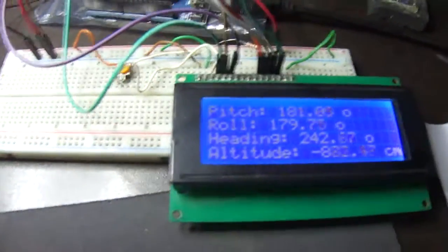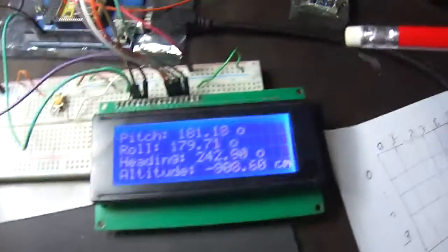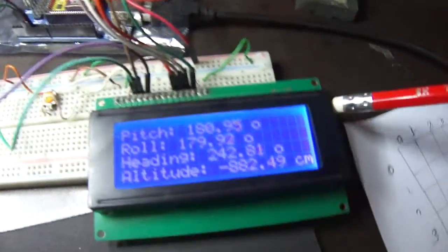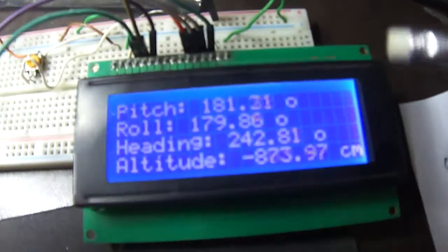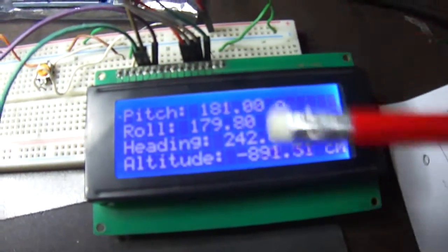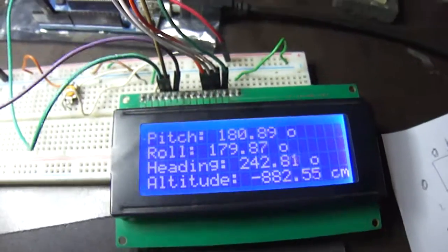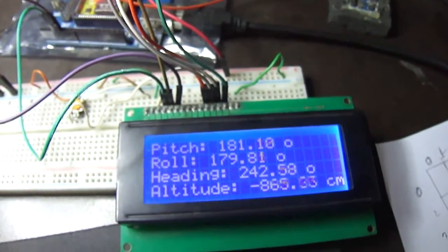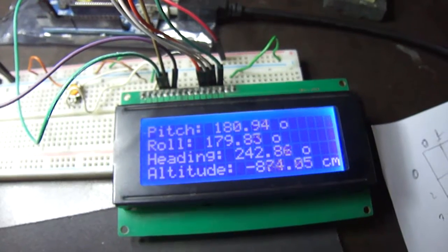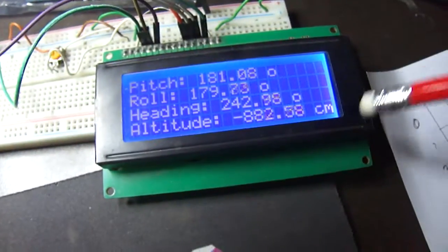But I should emphasize one thing: it's actually not a good idea to display the data of the IMU on an LCD screen like this, because even though the data are shown very nicely, there has been a lot of trade-off to get this speed, and I'm actually bottlenecking the microcontroller unit just to get up to this speed.